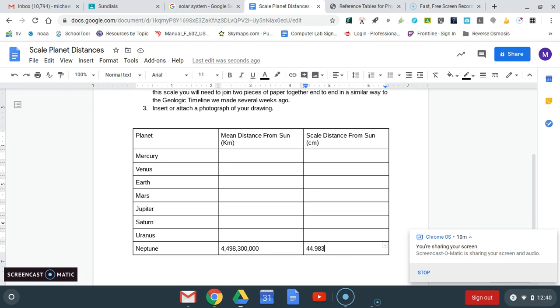Which means basically on a piece of paper, you're going to draw a line 44.983 or basically 45 centimeters long, and mark Neptune on one end and the sun on the other.